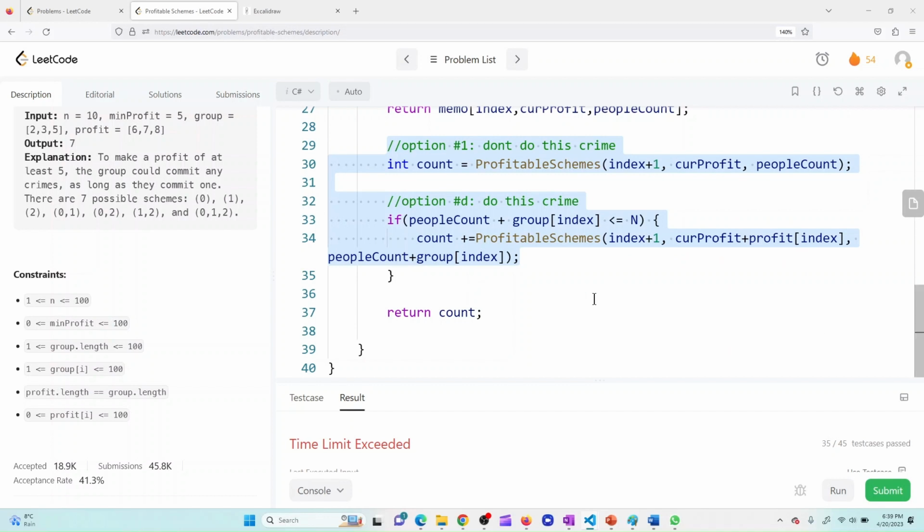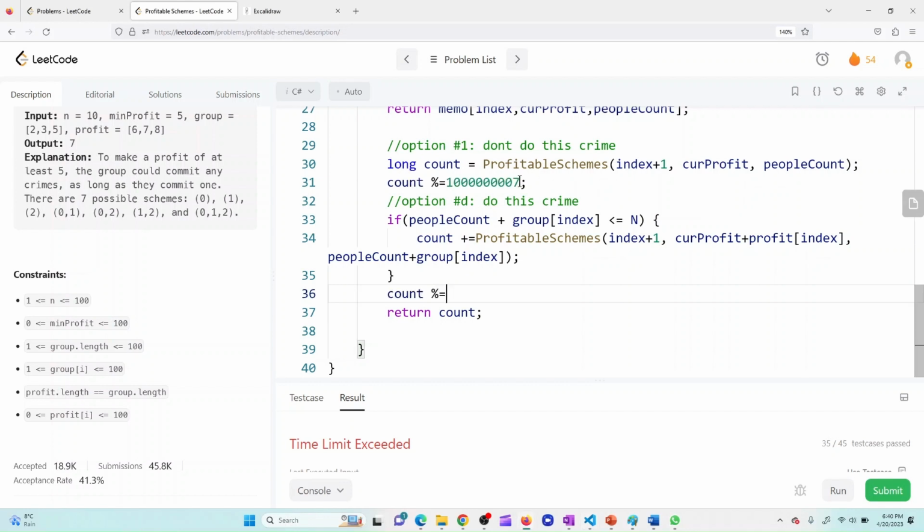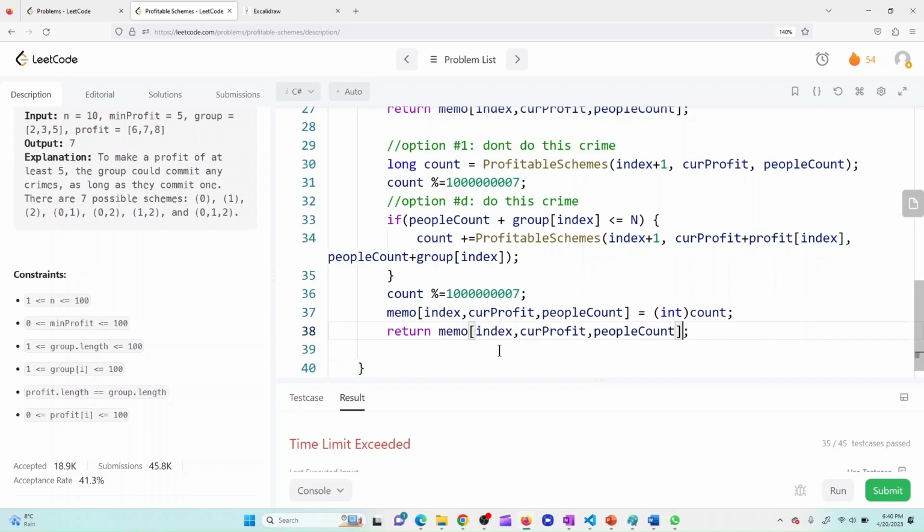The problematic part is the mod, so we'll take the mod here, and then we will return this value.